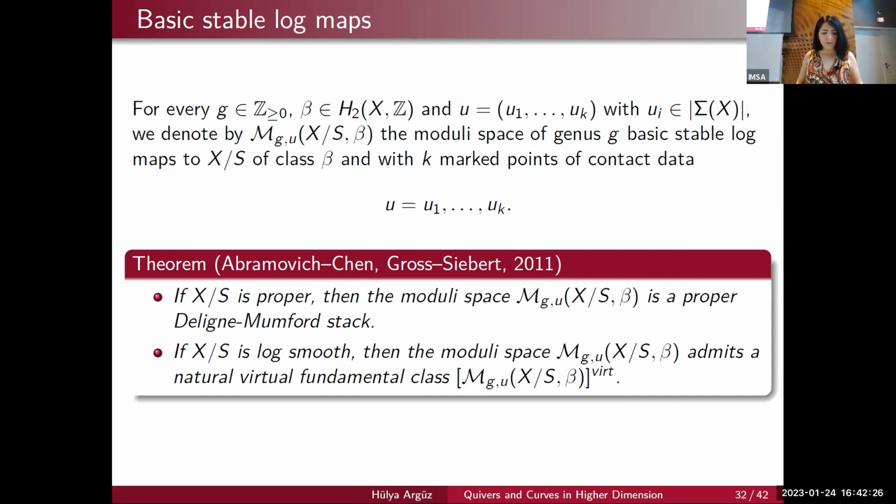And the theorem is, if you have a scheme S which is proper, then the moduli space of all log maps to X of class beta of genus g satisfying contact orders u is a proper Deligne-Mumford stack. And if it is log smooth, it admits the virtual fundamental class. And this virtual fundamental class defines an invariant called a log Gromov-Witten invariant.